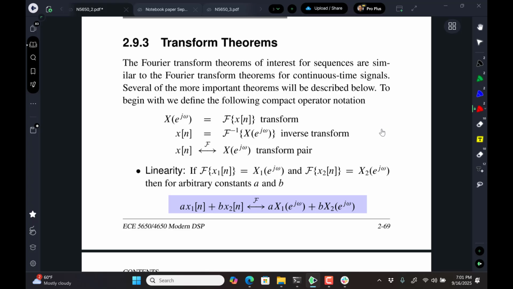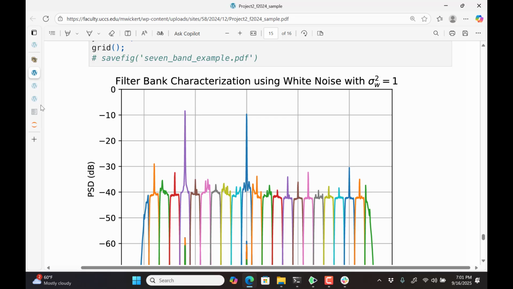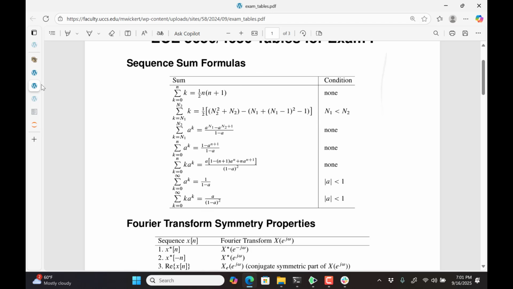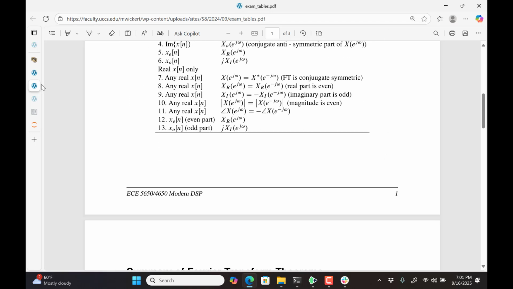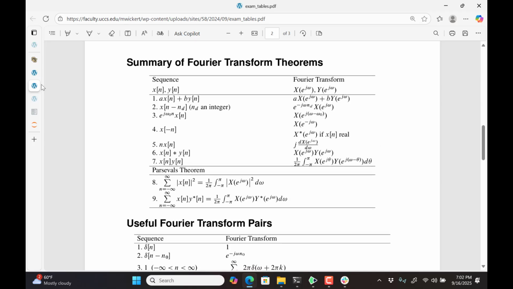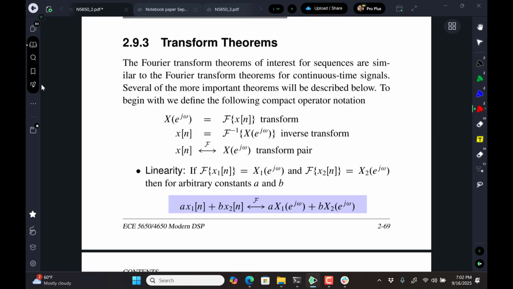Transform pairs, open this up already, so remember we have this second page of the cheat sheet that you'll have for the exam. So I'm thinking of that right now because I'm thinking of having that open when I'm working problems to make sure I can leverage it.